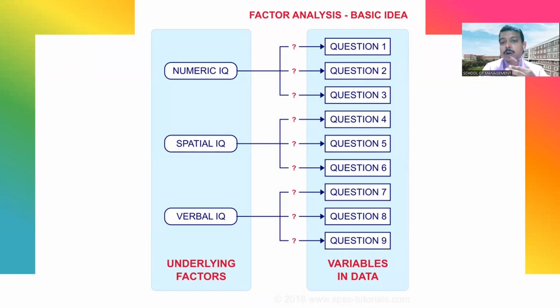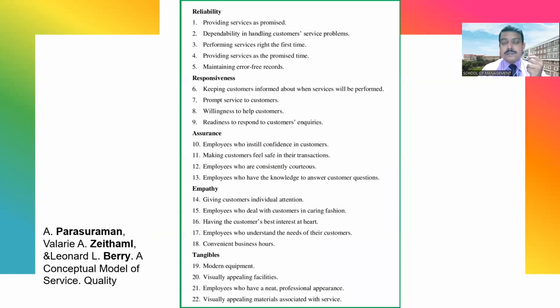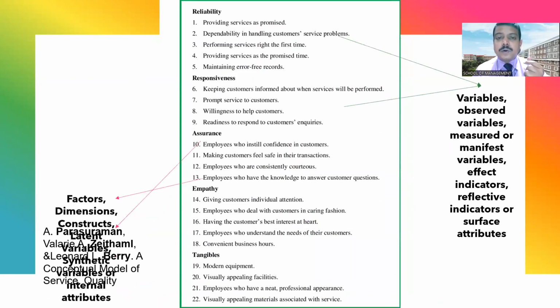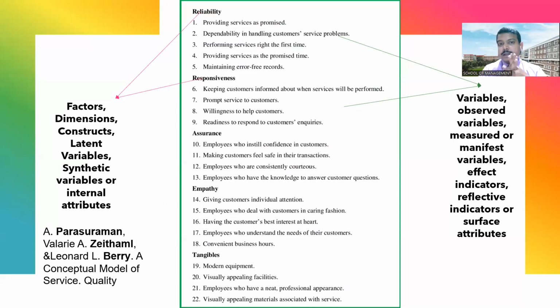So what factor analysis does is reduce the number of variables into a limited number of factors. For example, this was the SERVQUAL model on service quality developed by Parasuraman in the 1980s. At that time, there was not much theory on service quality. So they did huge research in the banking industry and had a big questionnaire with a huge number of variables.